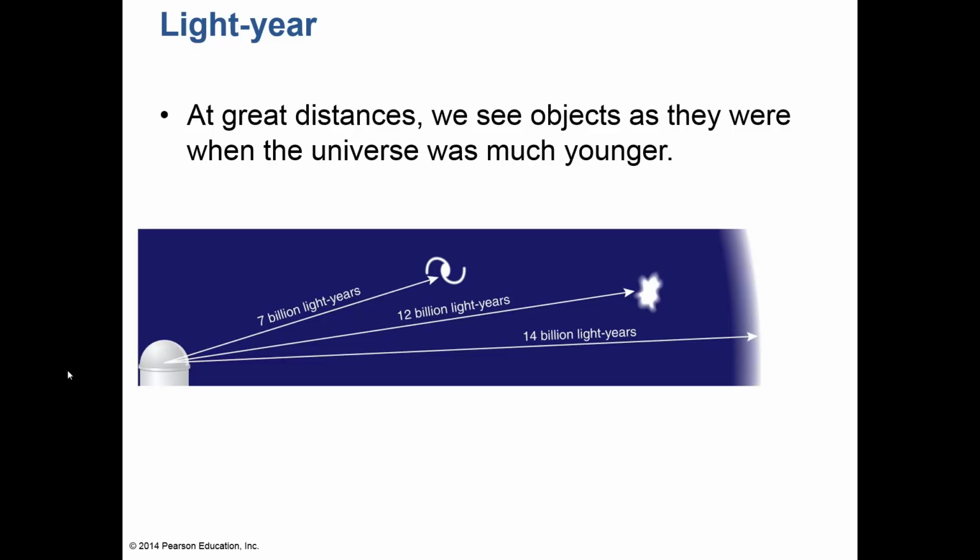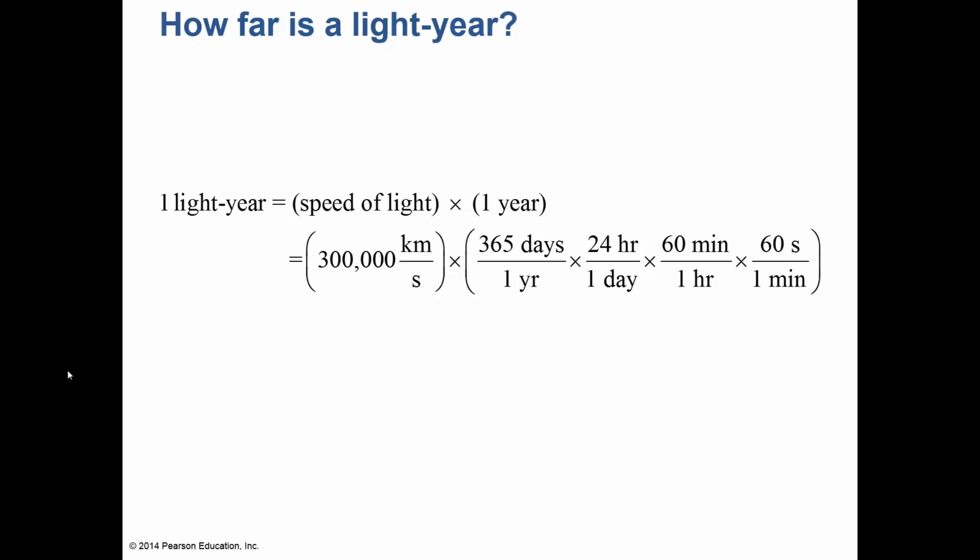We have now taken pictures of galaxies when the universe was only 500 million years old, which was 13 billion years ago. Pretty interesting. So we can look at this calculation here. I'm not going to go through it, but we can convert a light year into seconds and minutes and how fast it goes.